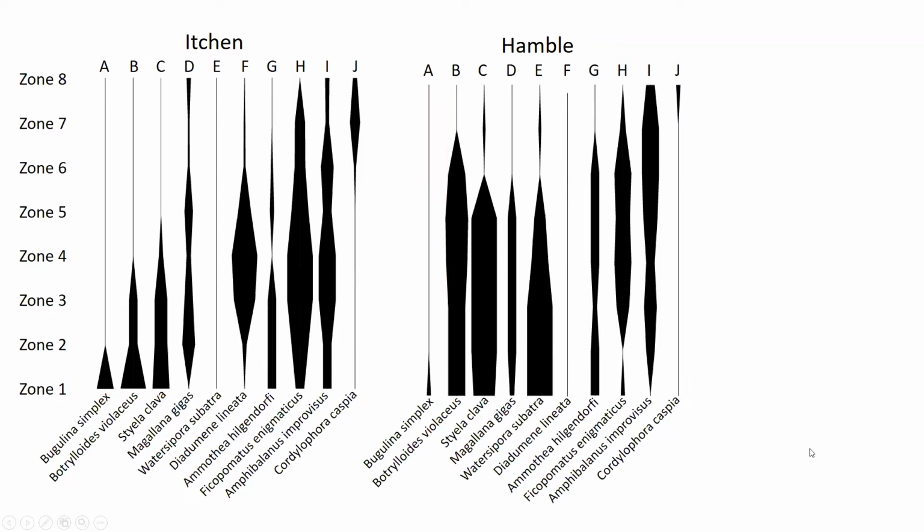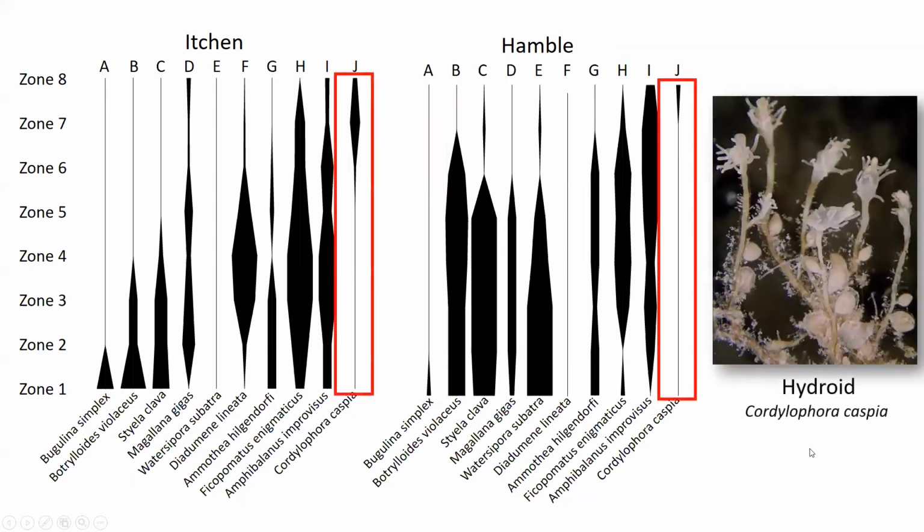A second category of species would be a species that inhabits the top of the estuary and may go into fresh water. The example shown here, a hydroid called Lophra caspia, is such a species. So it inhabits the very dilute seawater at the top of the estuary, but also goes into fresh water. And it's the same in both estuaries.